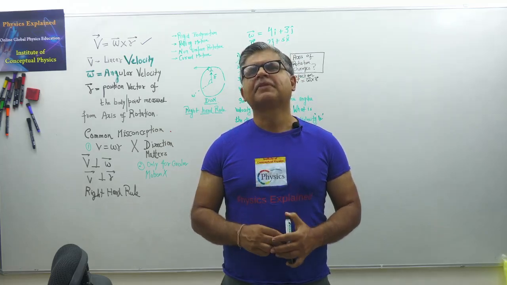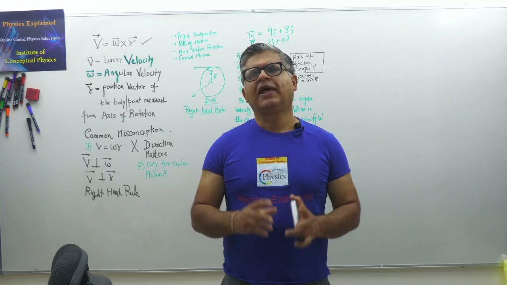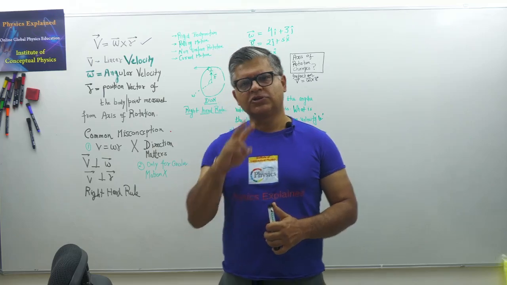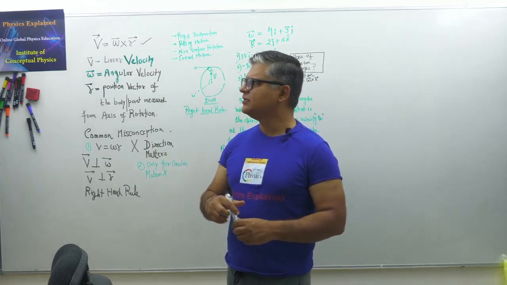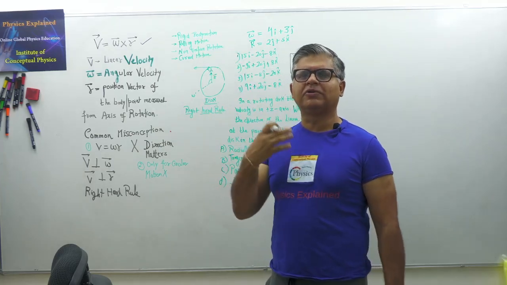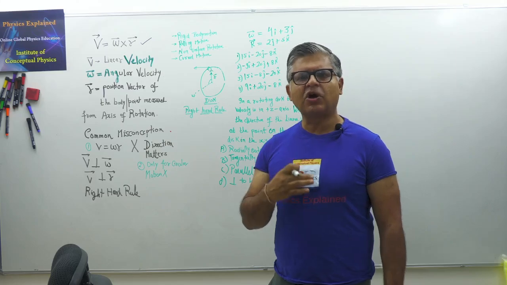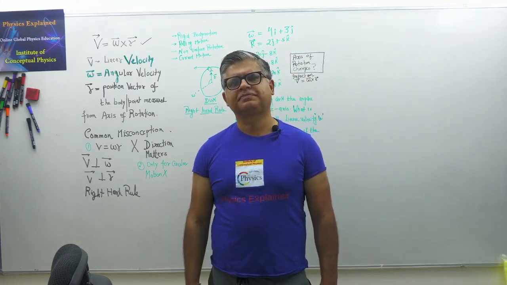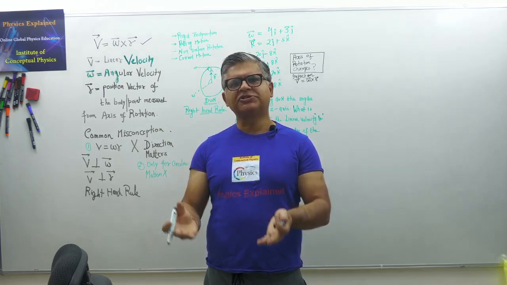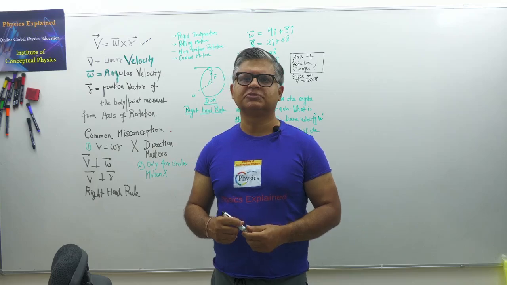In fact, these equations have to be used for other scenarios also. So the second confusion is being removed. You can use this equation for any rigid body rotation, not just uniform circular motion. Use it anywhere. Apply it to any rigid body rotational motion.